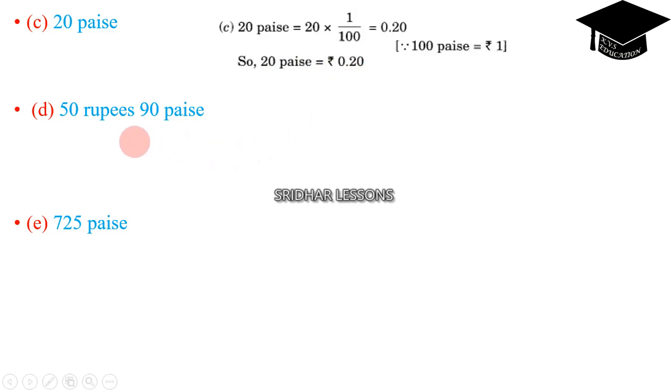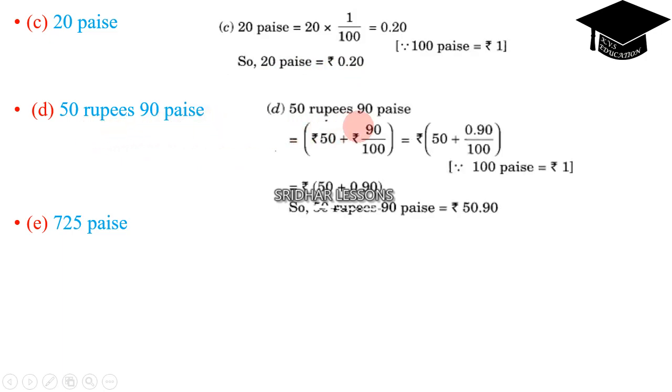Now we will go deeper. 50 rupees 90 paisa means 50 plus 90 paisa, which is 90 by 100. We know 90 by 100 is equal to 0.90.